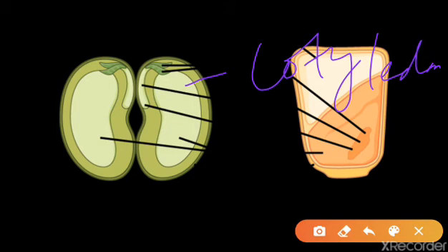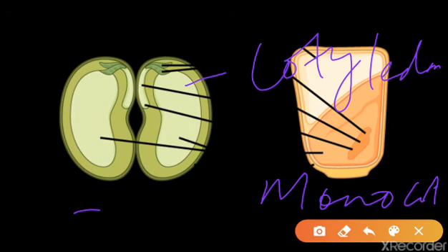If the cotyledon is single, it is called monocot. If it is double, it is called dicot. The part of the baby plant that grows into the shoot is called the plumule, and the lower part that grows into the root is called the radicle. So there are two parts, the plumule and the radicle.